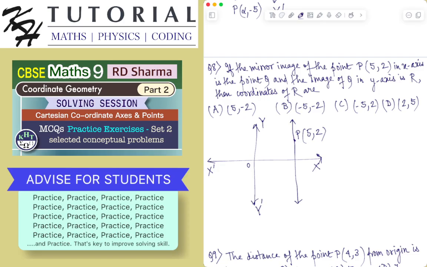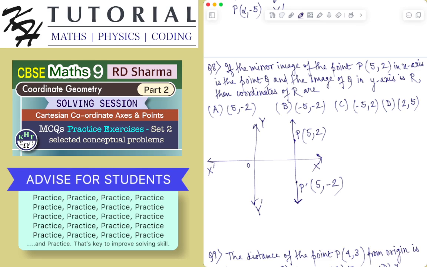The point P is at a distance 2 from the x-axis. So its image P' will be below the x-axis at a distance 2, somewhere over here. Its abscissa will be the same, but its ordinate will be the negative of the ordinate of P, that is, minus 2. Always remember, this is how you geometrically find the image of a point.